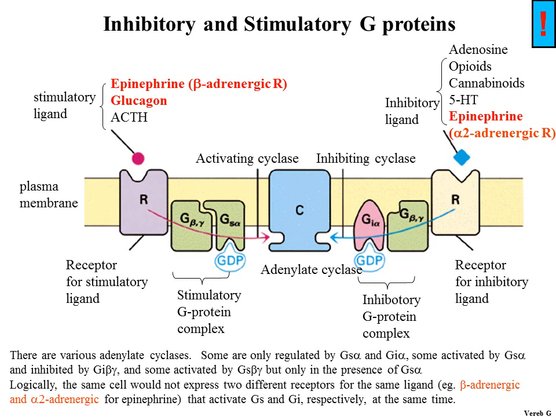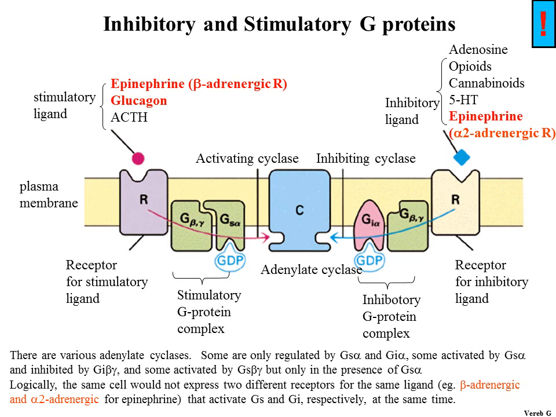So this was the description of one particular, and particularly important, example of how a G protein coupled receptor works. But as always, the situation is not as simple as one single stream of events.